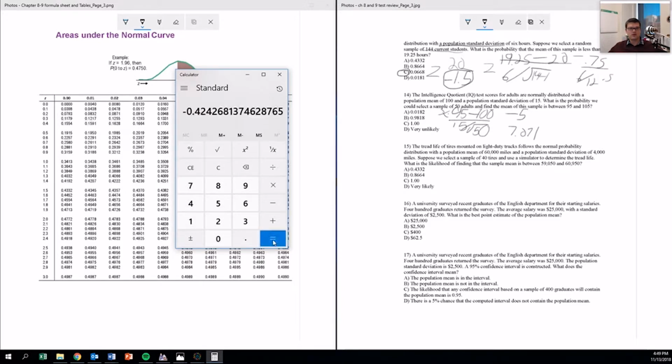7.071. And that gives us negative 7.071 is actually 2.12. Okay, so I'm going to erase this.